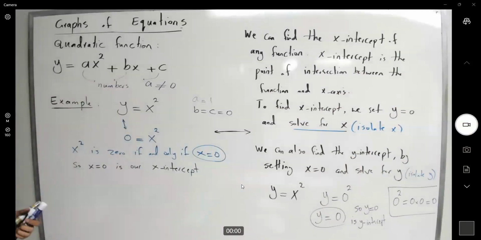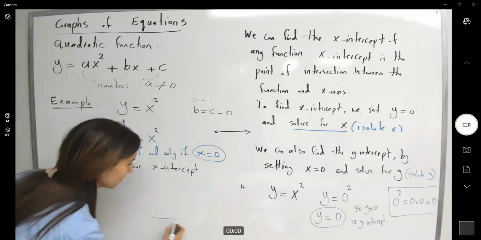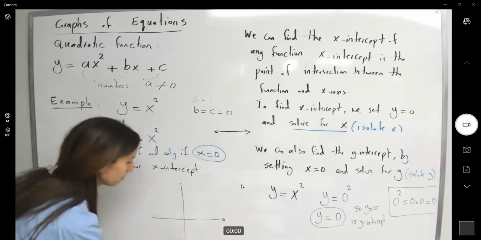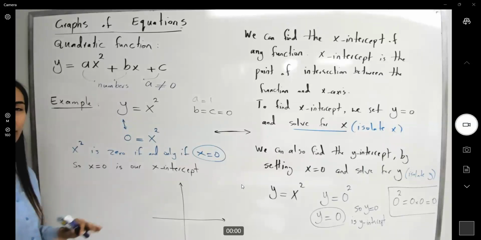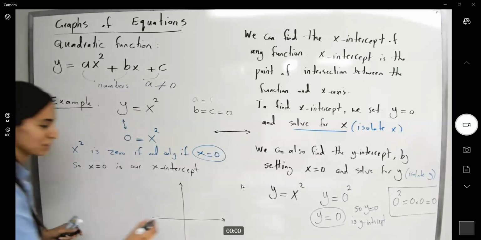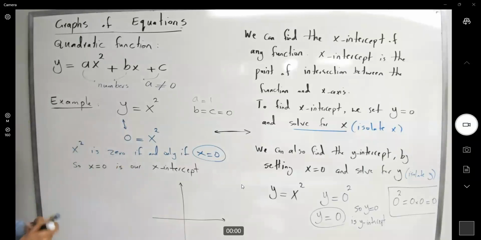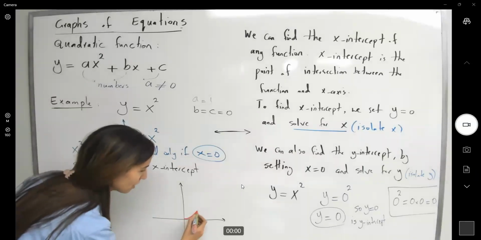So what's the graph like? If I want to graph this function, I'm going to discuss parabolas, which are the graphs of quadratic functions, in a whole different chapter. But for basic quadratic functions, the graph is called a parabola, and this graph behaves like this.